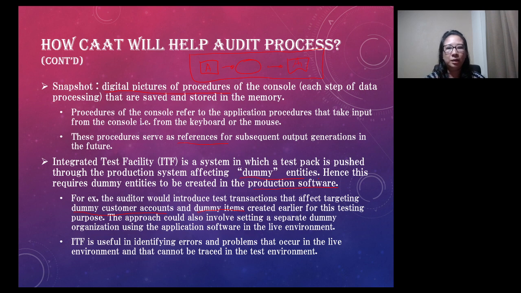The ITF tool helps us: even though we do the dummy transaction in the production software, the ITF tool puts a flag on it.